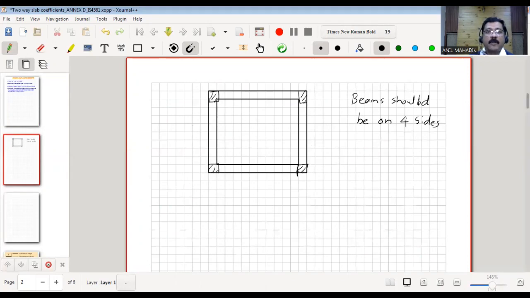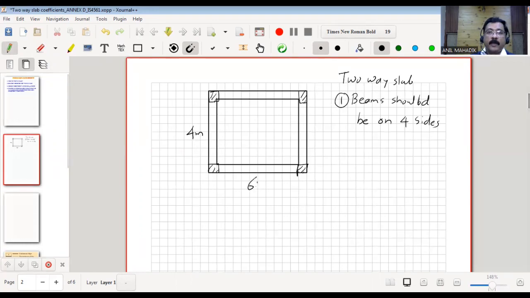Let's say the dimension of this slab is 4 meter by 4 meter. Now, first condition for two-way slab is beam should be on four sides.